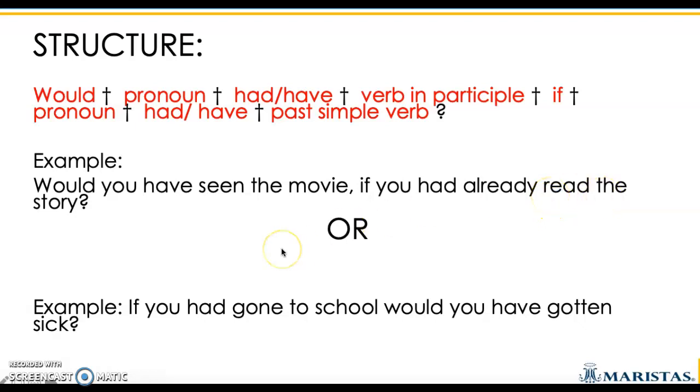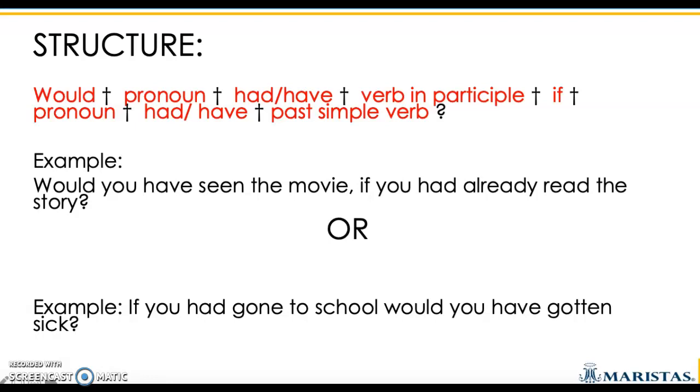Okay, you can also start it with an if clause. Let's read the example. If you had gone to school, would you have gotten sick? Here's the if clause, the pronoun, have or had, the past simple verb, the would, the pronoun, the have or had, the past participle verb, and some information that you want to add to it to make it make sense.